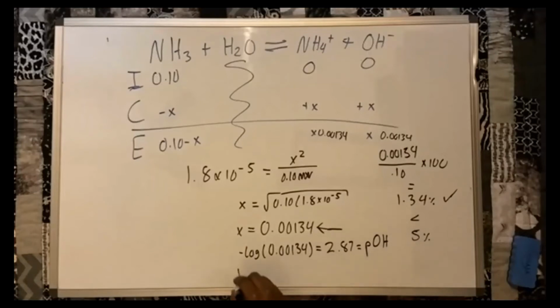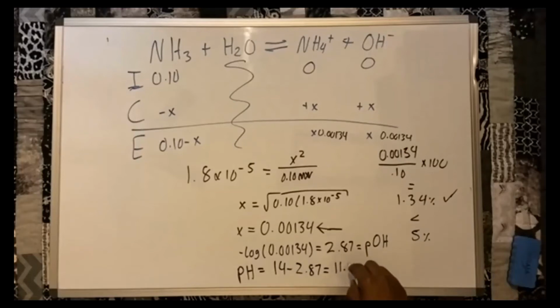So to get pH, is it 14 minus 2.87? Correct. What's that, like 11.13? Yep.